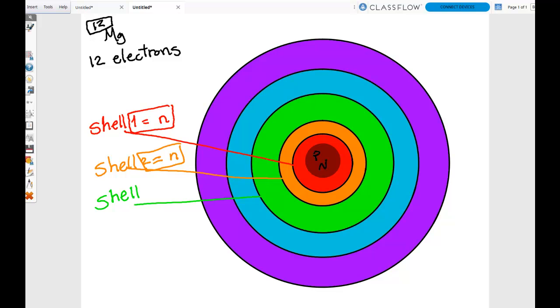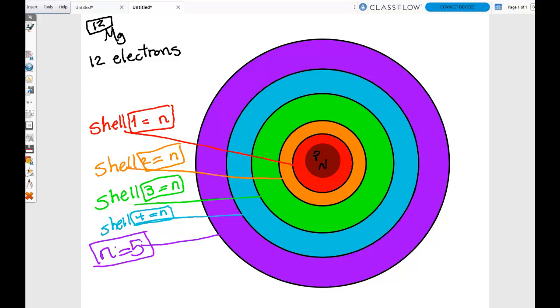And that's shell 3, n equals 3. Shell 4, n equals 4. And that's shell 5, and that's when n equals 5. The reason I say n is because we will use n to know how many electrons are in each one.